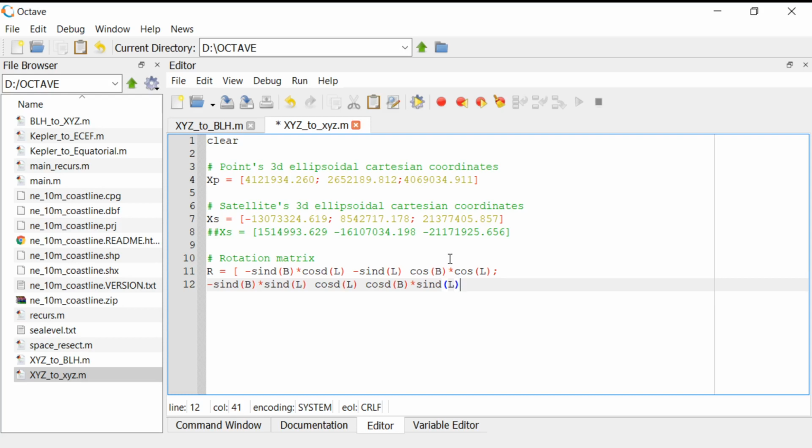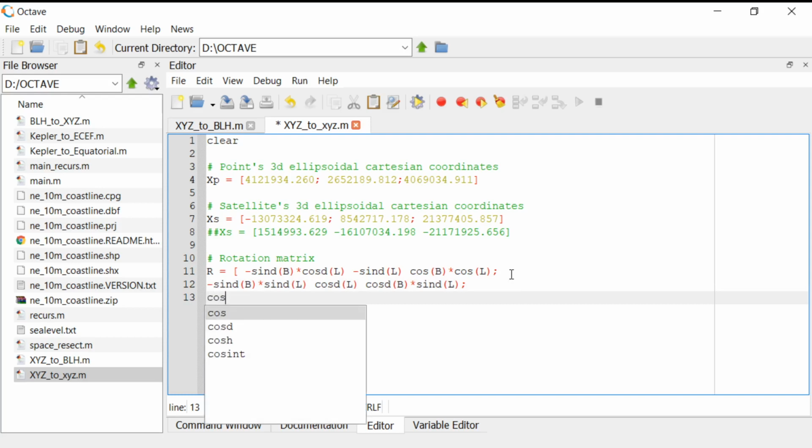So you see, three components are available in the second row. These are the columns of the rotation matrix: second row first column, second row second column, and second row third column element. Now the last row is given as cosine dB, 0, and sine dB.